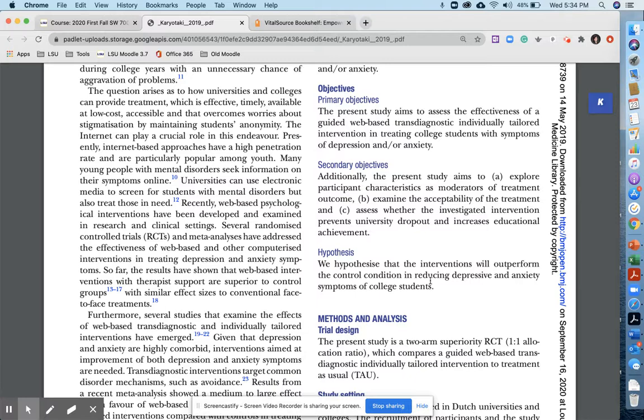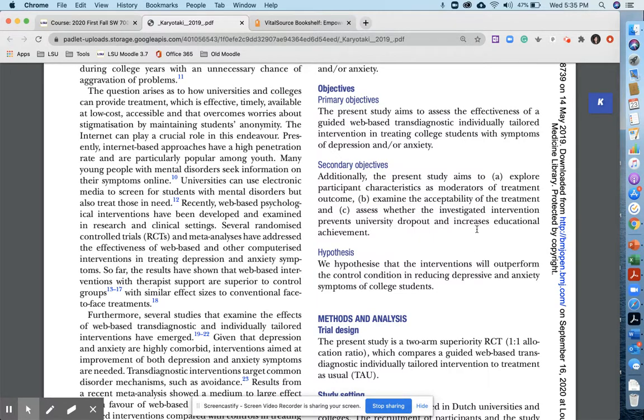So the students who receive the web-based intervention should have better reductions in depression and anxiety than the students in the control condition. And this matches their research purpose very well because it's an evaluative research purpose. And this hypothesis is clearly evaluating the effectiveness of this new web based intervention.